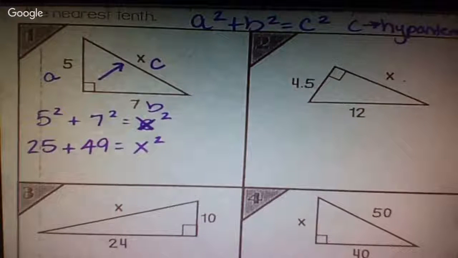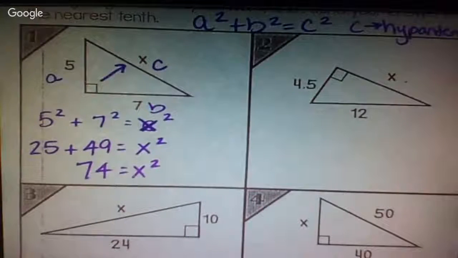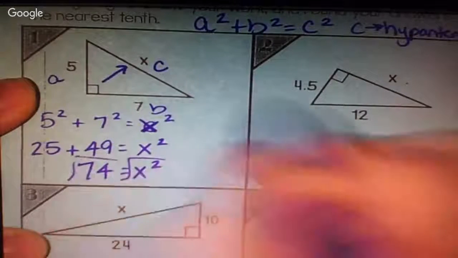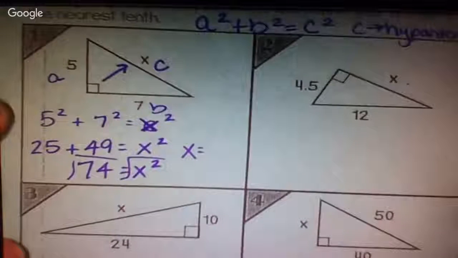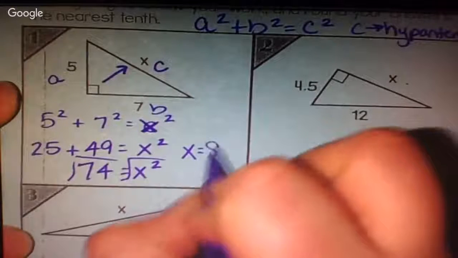What do I get when I simplify the left-hand side, Shelby? 74. How do I get X by itself now? Just square root. Oh, y'all jumped on it. Square root. So X is going to equal, and round to the nearest tenth, 8.6.